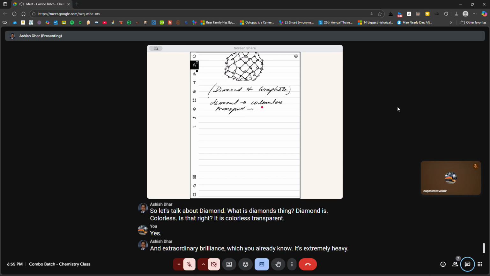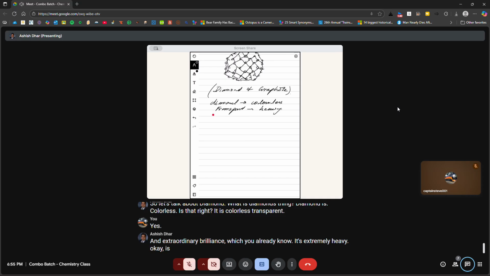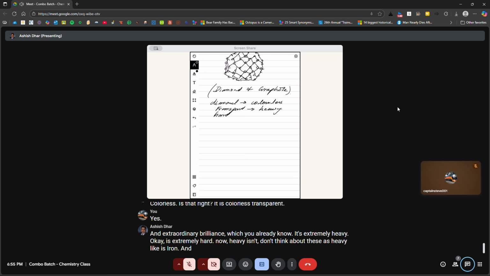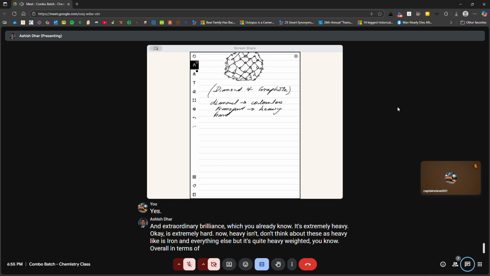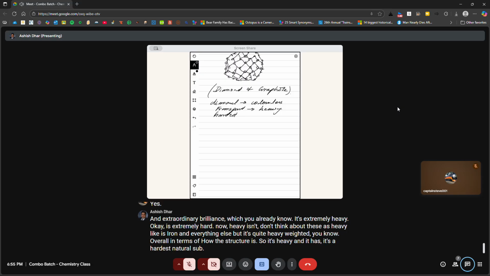It's extremely hard. Don't think of heavy like iron and everything else, but it's quite heavy overall in terms of its structure. So it's heavy and it's the hardest natural substance known so far.